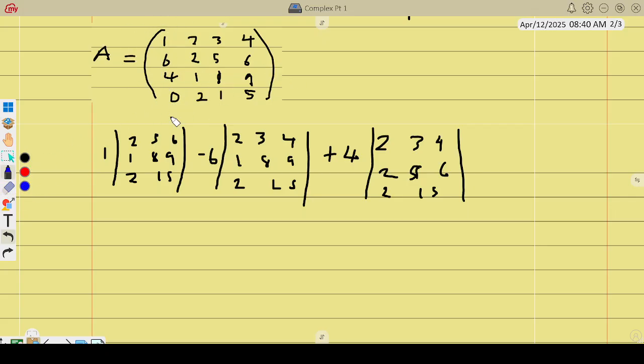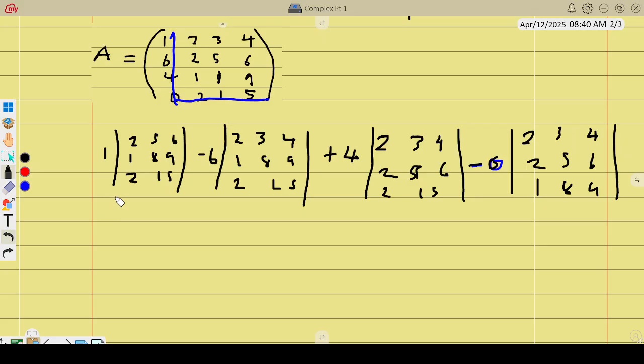So 0 is a minus. So what do we have? 2, 3, 4, 2, 5, 6, 1, 8, 9.